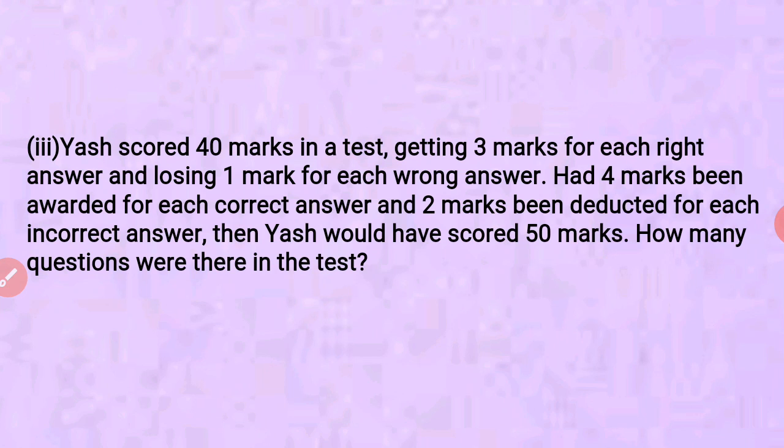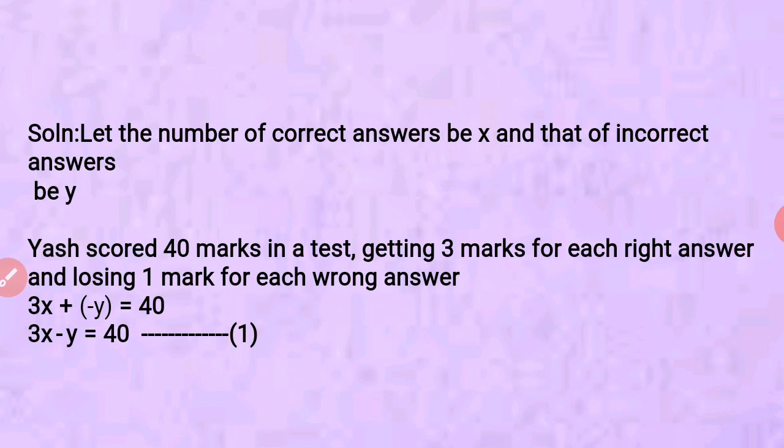How many questions were there in the test? As usual, we are going to consider the number of correct answers to be x and the number of incorrect answers to be y. Children, this Yash has scored 40 marks in the test.